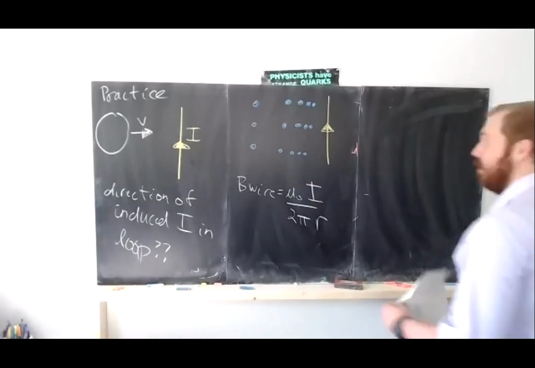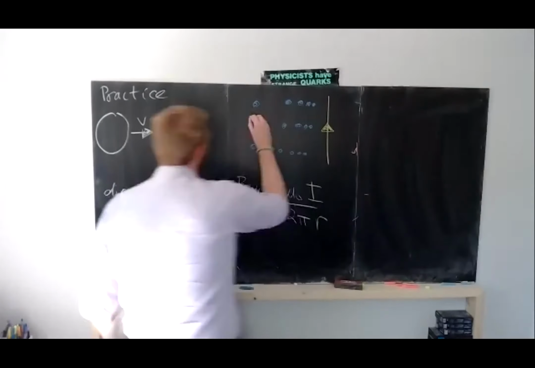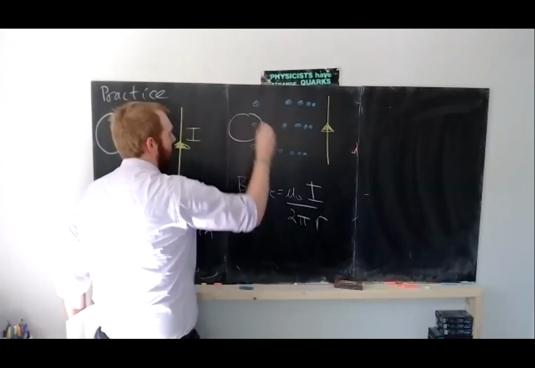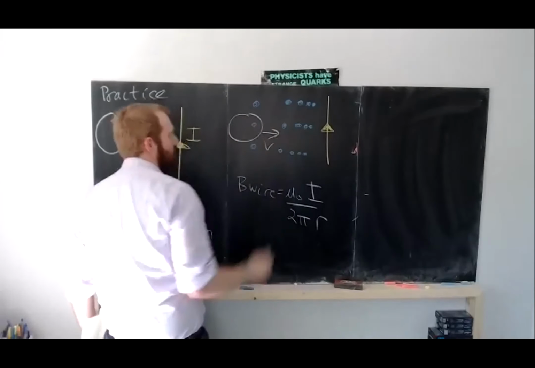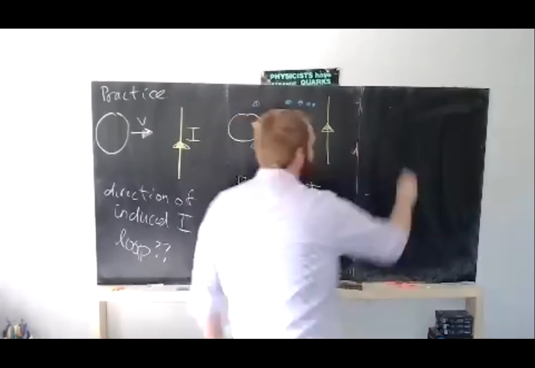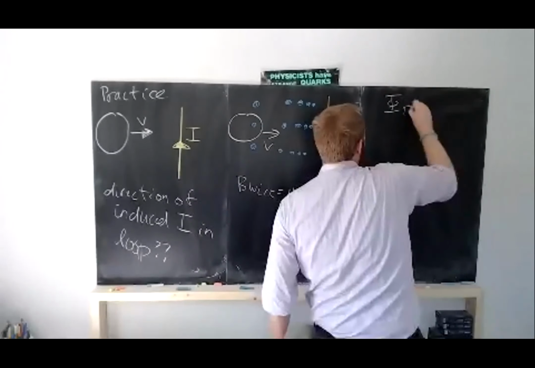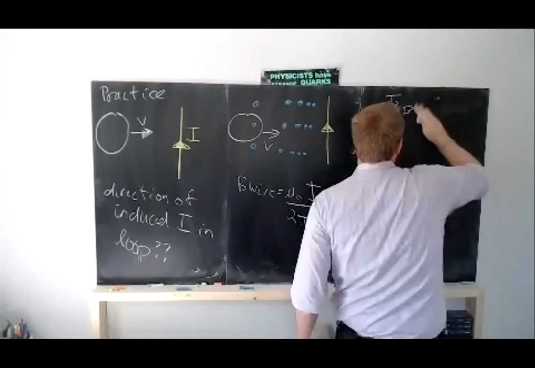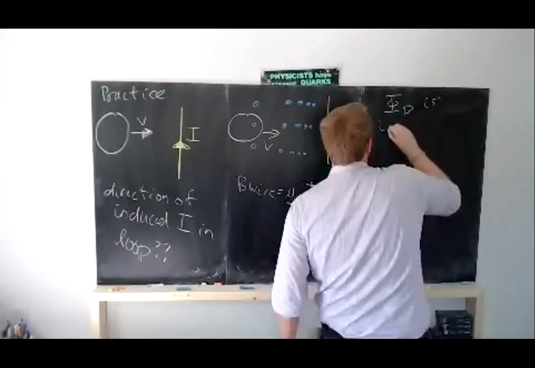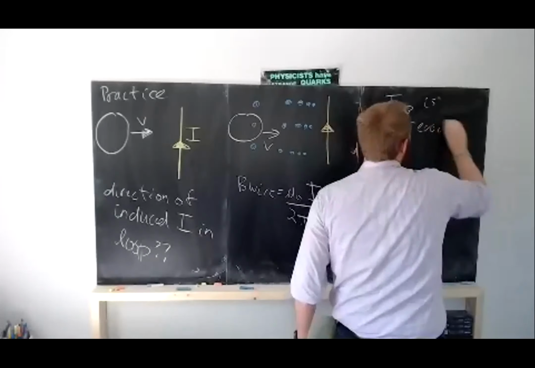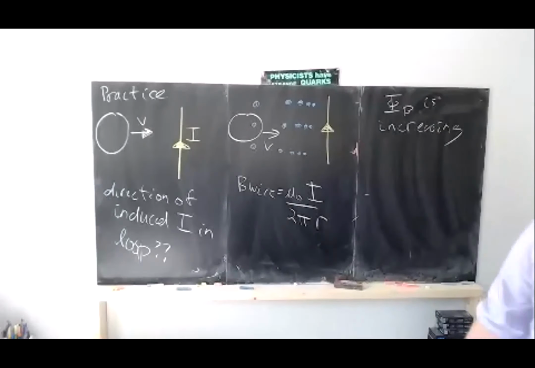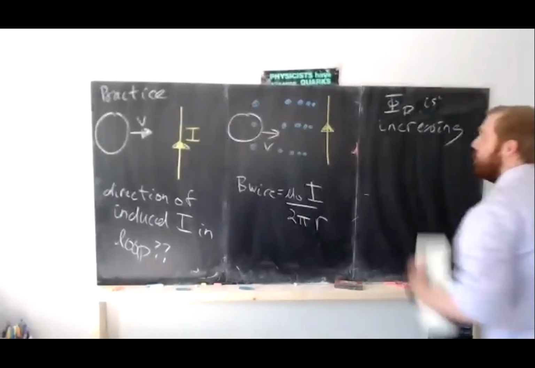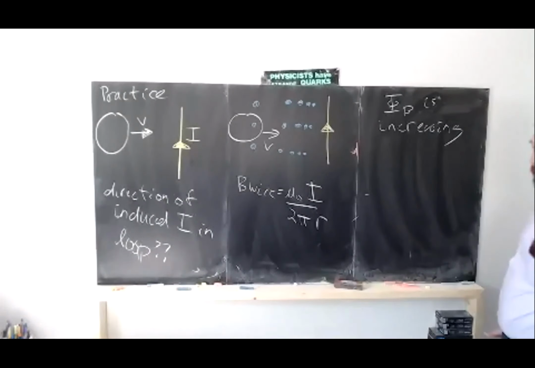All right, so if my loop starts out here and goes that way, then the magnetic flux is increasing.